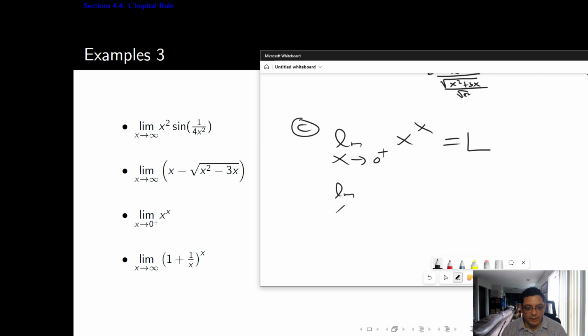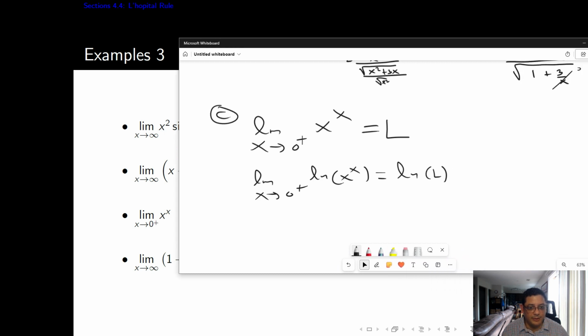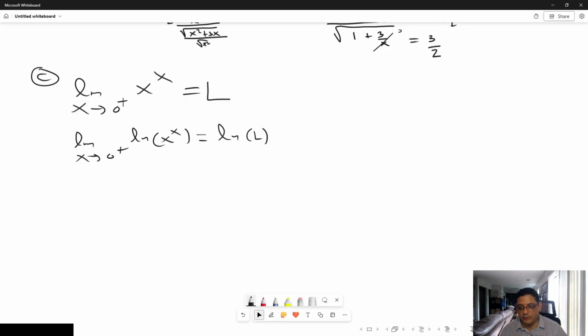So the limit when x goes to 0 of log of x to the power x is going to be equal to the log of L. And so for now, I'm going to forget about the log of L so I can continue doing the limit. But then this is going to be the limit when x goes to 0 from the right of x log of x. And notice that this is now a 0 times infinity situation.